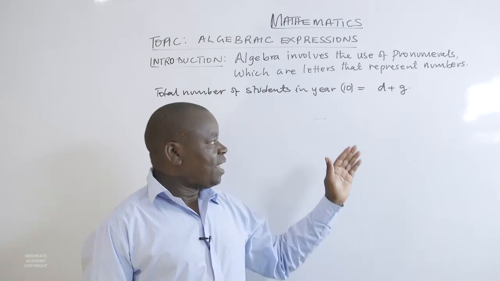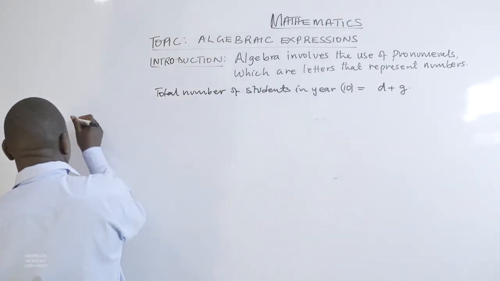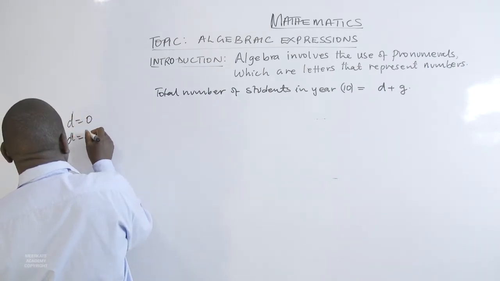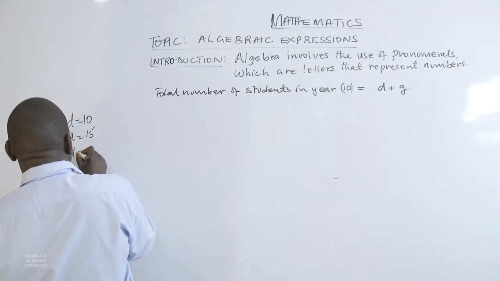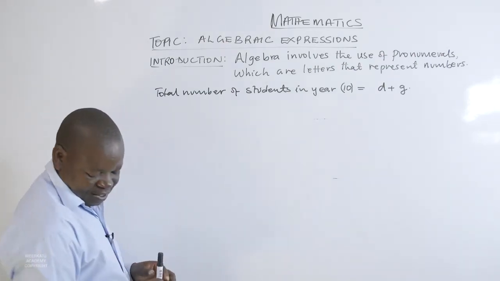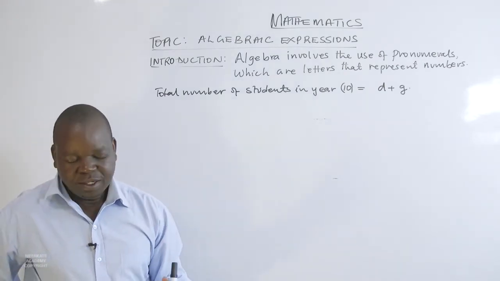Because D can be any number. D can even be 10, 15, 20, or 1,000. Because we don't know it, we just say the total number is D plus G.